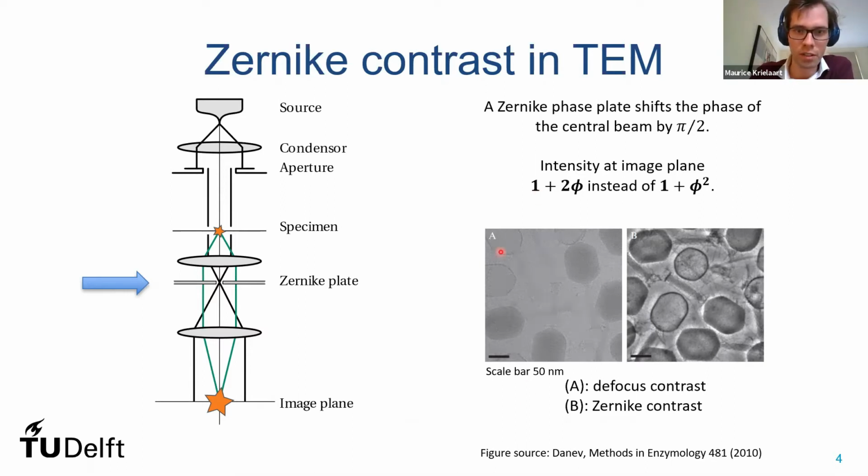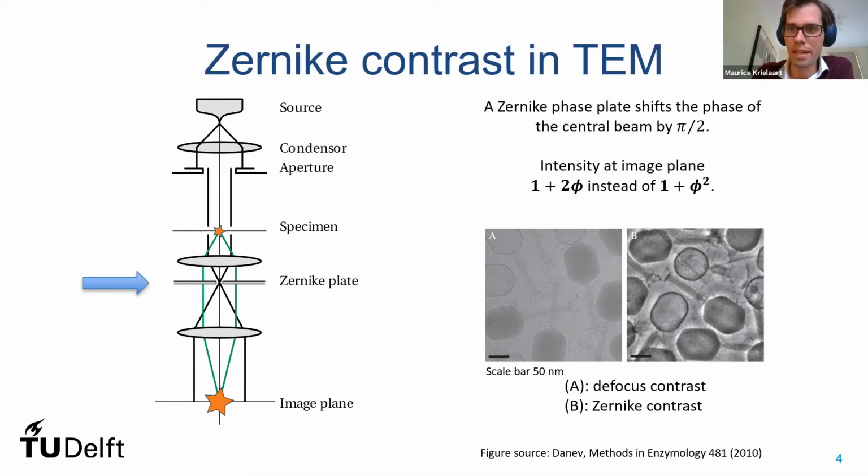I showed it here. It's not my data, but from Danev. You can see a biological specimen imaged with defocus contrast, and it's pretty poor contrast. Then there's a trick that I think for light optics exists since 1952 or so. Zernike got a Nobel Prize for that also. It is to place a Zernike phase plate in the diffraction plane of your specimen.